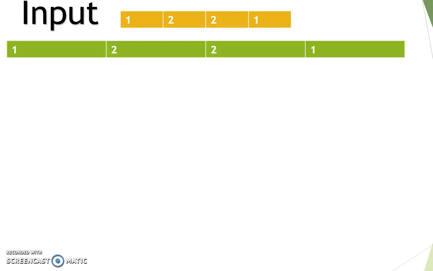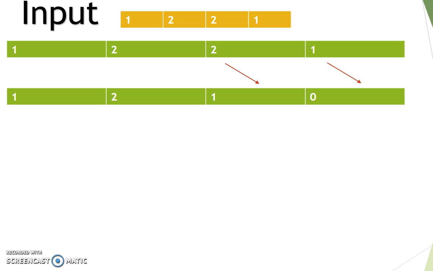Let's try a greedy approach. We'll try to make the last element 0 first. The last element is 1. If I decrement both 2 and 1 by 1, they become 1 and 0. Now we are not interested in the last element because it is 0 already.